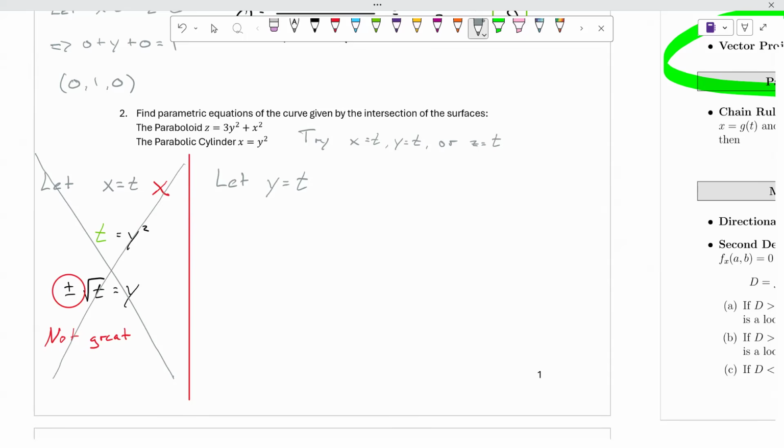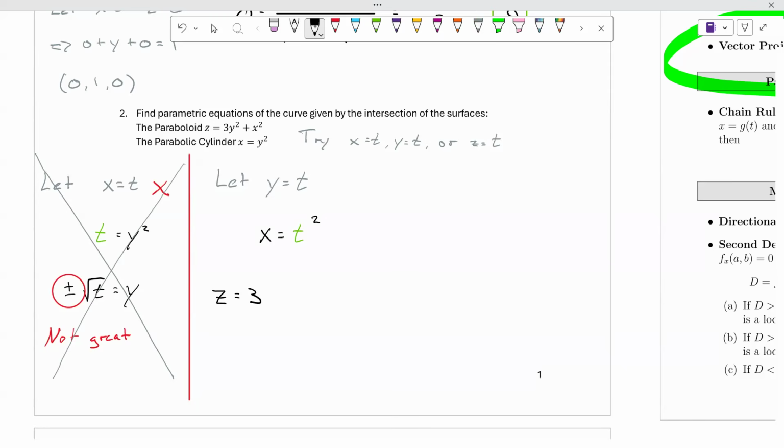So if I go that route, if y is equal to t, then I've got x equals t squared. And that's a function, right? x equals t squared is perfectly fine. I can plug that in. I've got now parametric equations for y and x. So as long as z works, then we'll be totally fine. Let's take a look at what we've got. That means z equals 3y squared plus x squared.